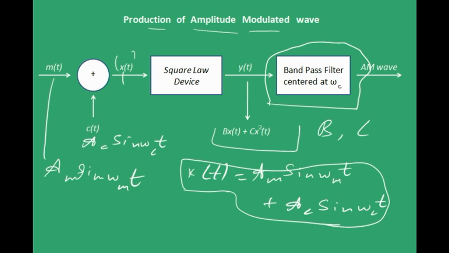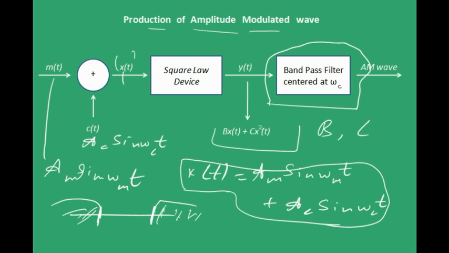A band pass filter just filters and gives us only the required frequencies and cuts off the other frequencies. If this is your band pass filter, it will cut off all the frequencies which are lower than a certain value and higher than a certain value. These values you can decide, of course, and that is the function of a band pass filter.